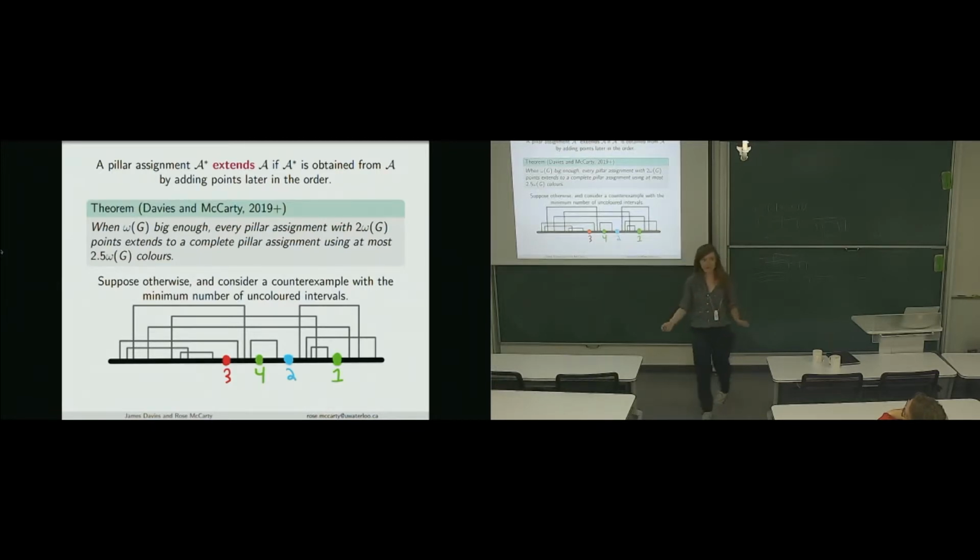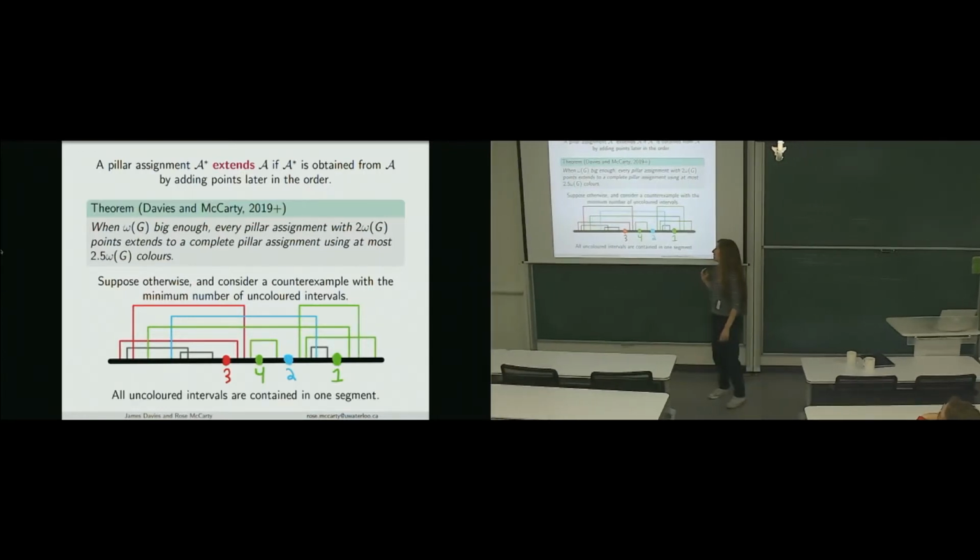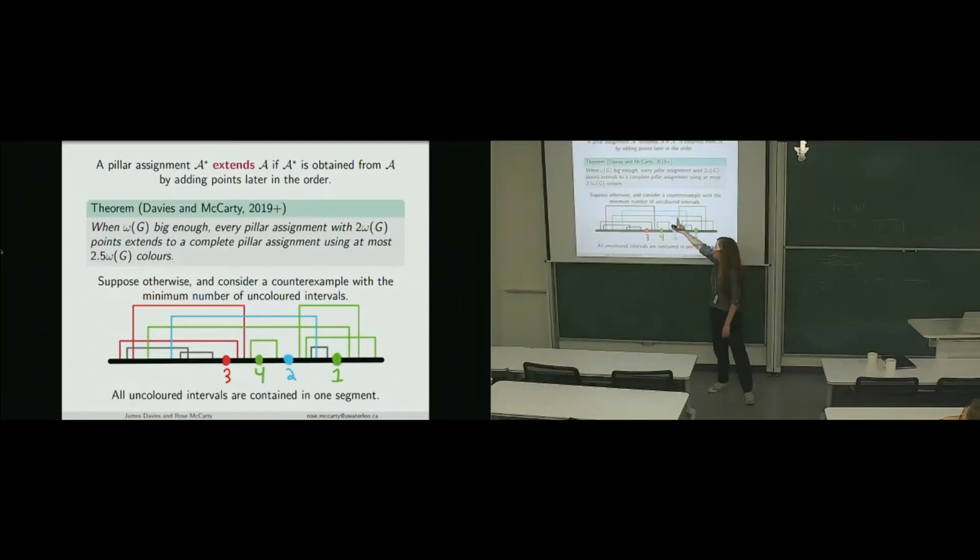So to go through the definition again, you have these points, they're ordered and colored. First you color the green ones, then 2, then 3, and then 4. And there are no 2 intervals of the same color that overlap and are colored by different points. So these are fine. They're colored by different points, but it's fine because they don't overlap.